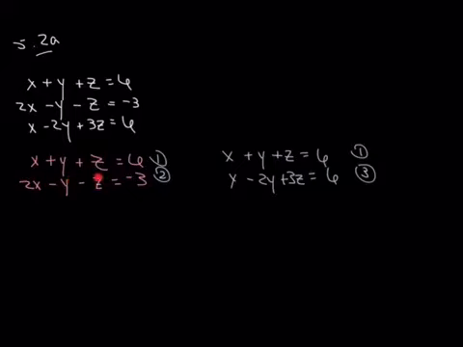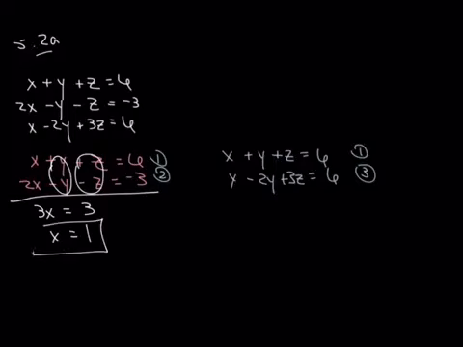In fact, this one's a particularly easy one, because look what happens when I add these. This disappears and this disappears, which gives me 3x equals 3. So that gives me x equals 1. Okay, so that's a happy time.